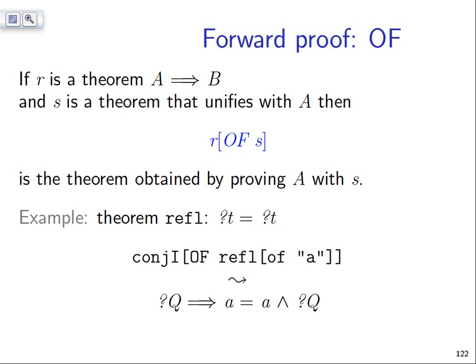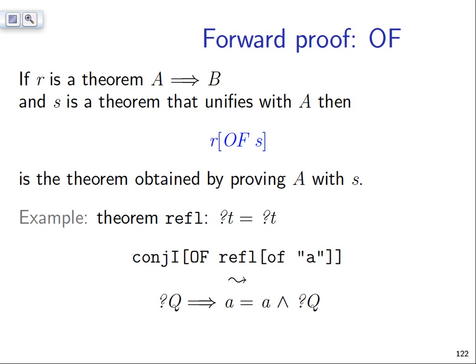And these two operators, the little of and the big of, do quite different things. The little of just gives you a special version of it, but the A here is just an arbitrary term that you're putting in. The big of really combines two theorems and uses the theorem R, the first one, as a function that, given the second theorem, produces the conclusion of R. And that's exactly what's happening here.